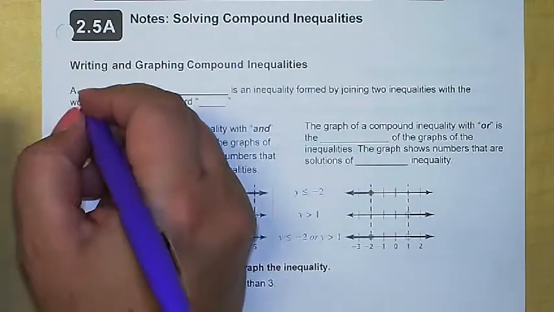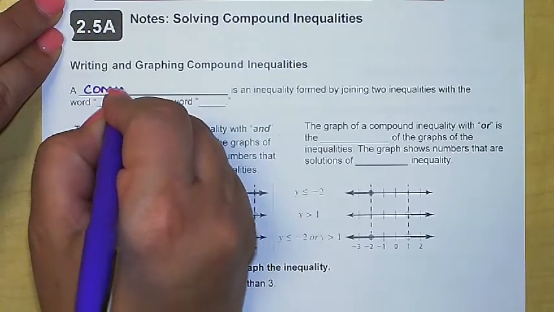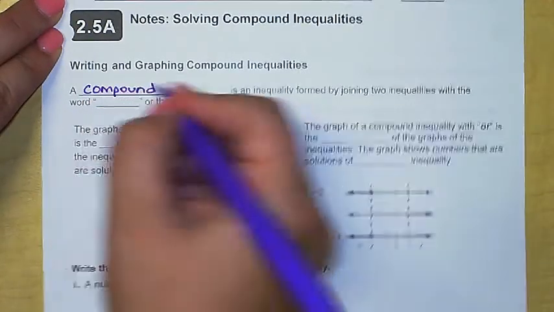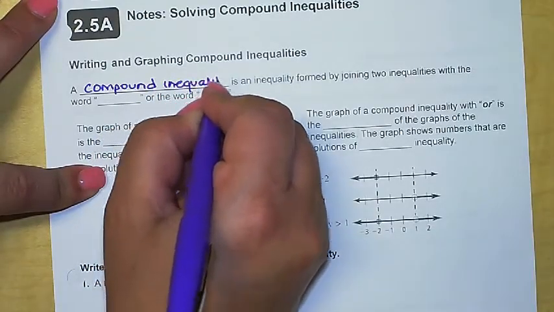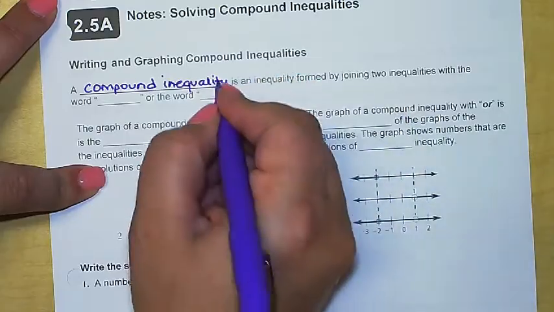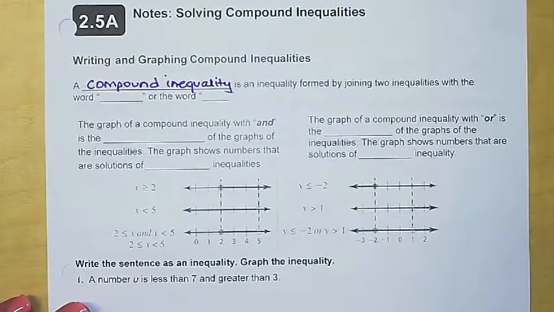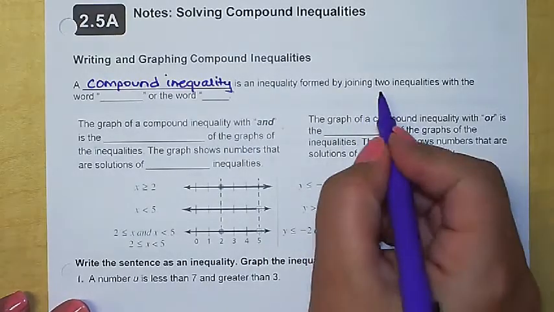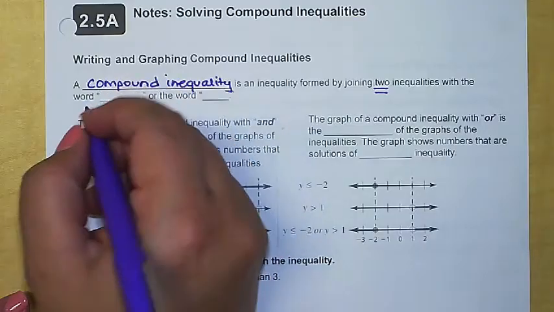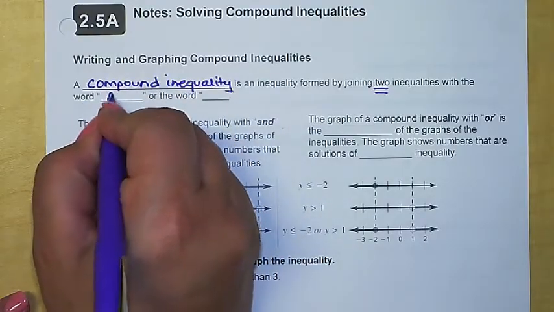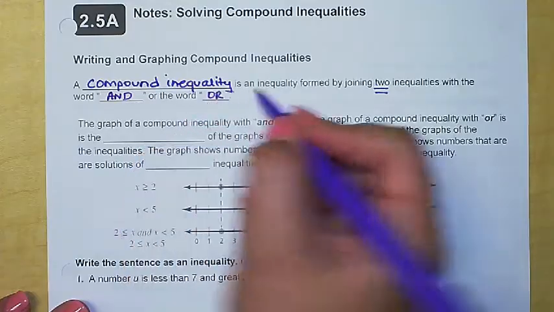So a compound inequality, go ahead and write that down. A compound inequality is an inequality that is formed when you join two inequalities with the word and or the word or.